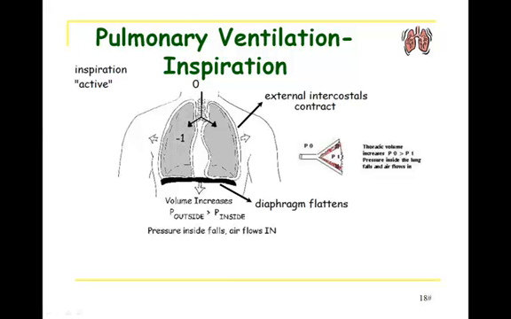This air will continue to flow in until the pressures are equalized. At the end of inspiration, the atmospheric pressure will be the same as your alveolar pressure, the pressure in your lungs. As air molecules fill up that cavity, pressure increases until these are the same.